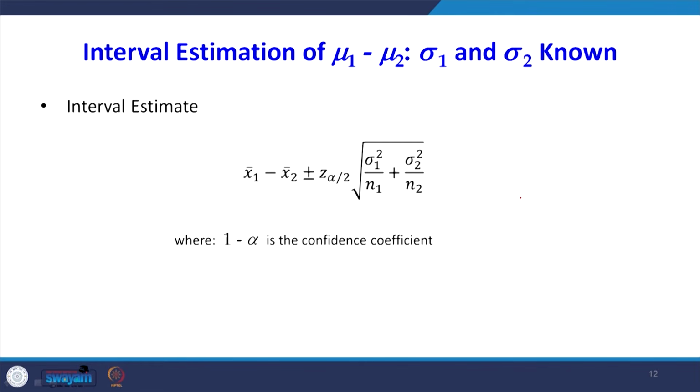The interval estimate is x1 bar minus x2 bar plus or minus z alpha by 2 root of sigma 1 square by n1 plus sigma 2 square by n2.